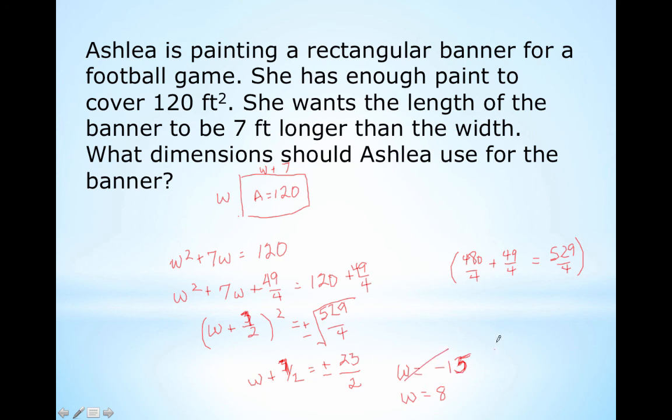No, it couldn't, so this is an extraneous value. And I apologize that the writing's a little odd, but it's an extraneous value. So my dimensions are 8 over here. My width is 8, and my length is going to be 8 plus 7, or 15.